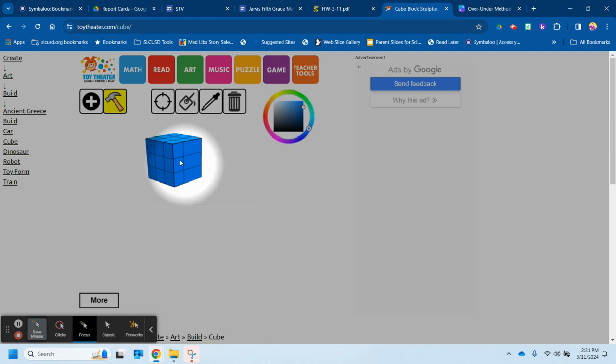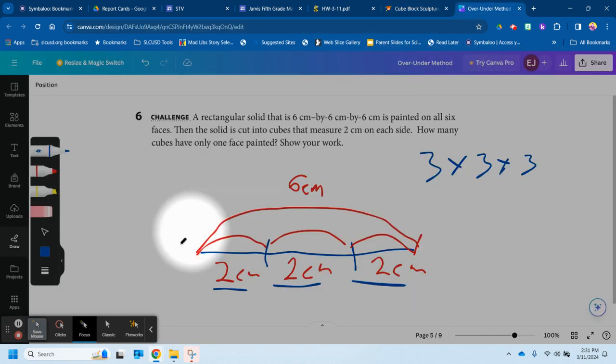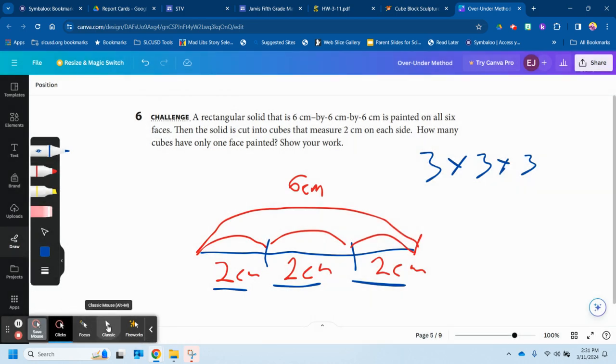That's 6. And there's one in the very, very middle that has none painted, but it's asking for one side painted. So the answer is 6 cubes have one side painted.